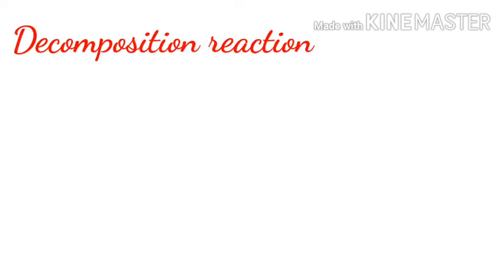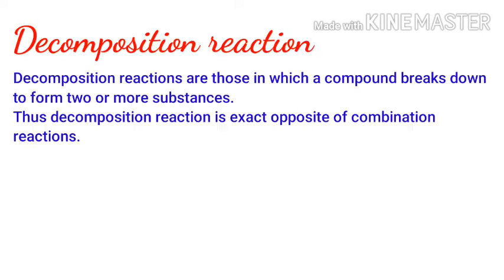Next we will learn what are decomposition reactions. Remember, decomposition means breaking down or splitting into two or more simpler substances. Decomposition reactions are those in which a compound breaks down into two or more simpler substances. Thus, decomposition reaction is exact opposite of combination reaction.